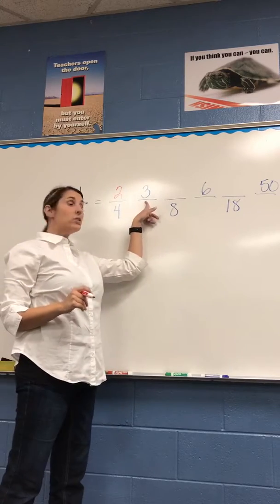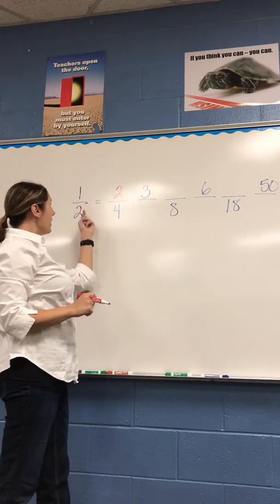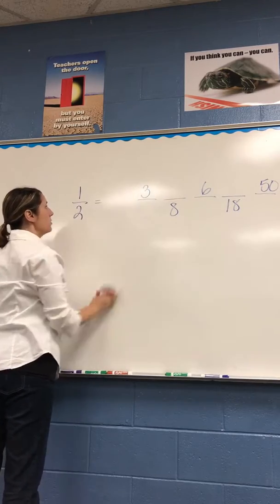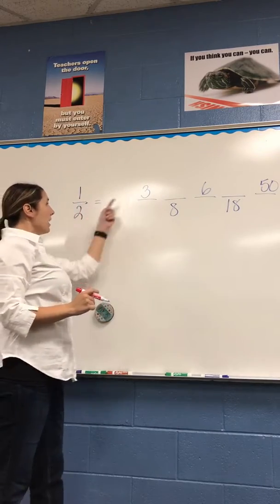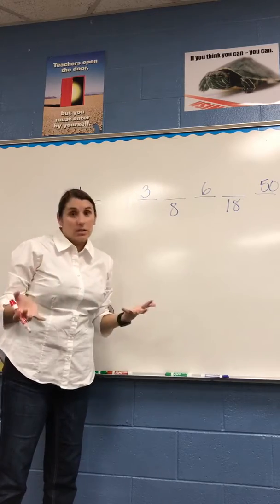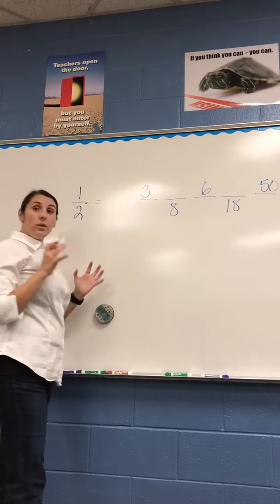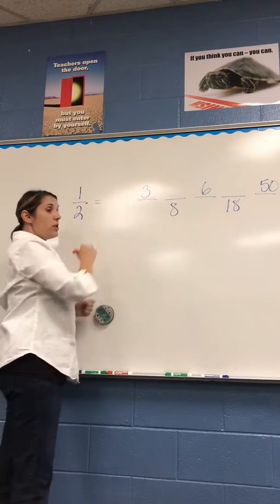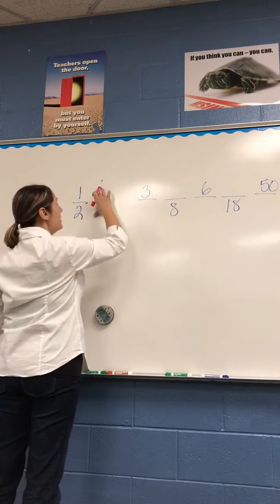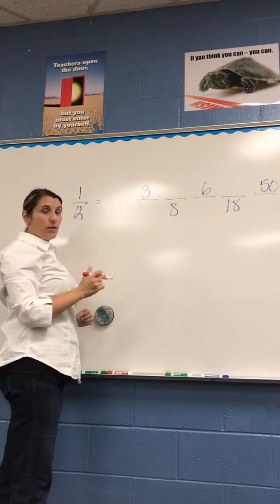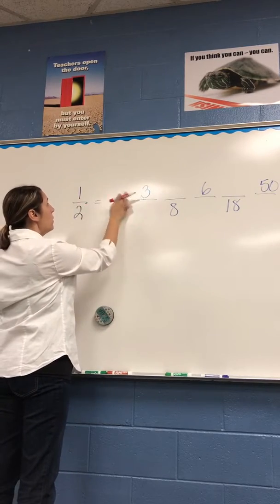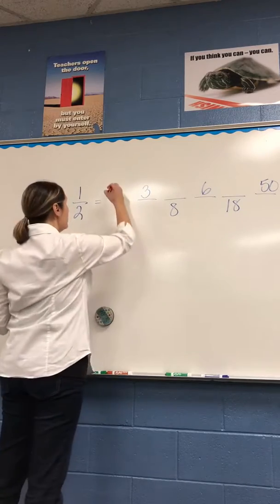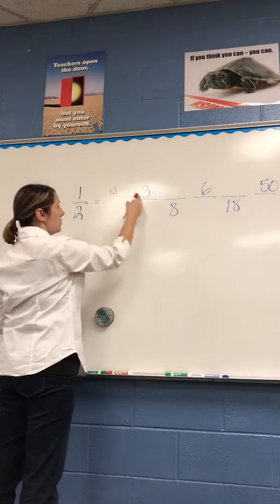Okay, if you look on this next one, we have 1/2 equals 3 something, right? I'm gonna erase that just so it doesn't confuse us. 1/2 equals 3 somethings. We don't know. So what we do know is that if we multiply the numerator and denominator by the same number, we're gonna get an equivalent fraction. So we have to figure out, what did they do from here to here? 1 times what equals 3? Well, 1 times 3 equals 3, right?